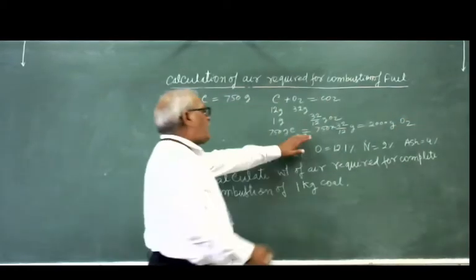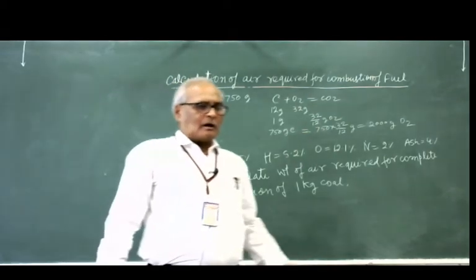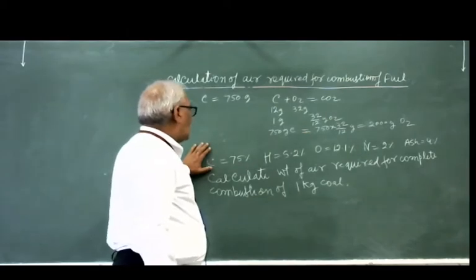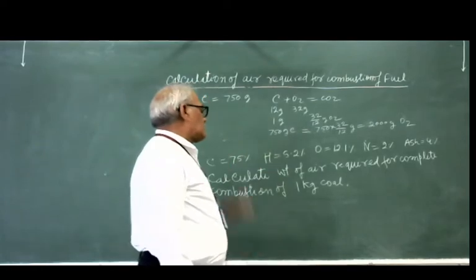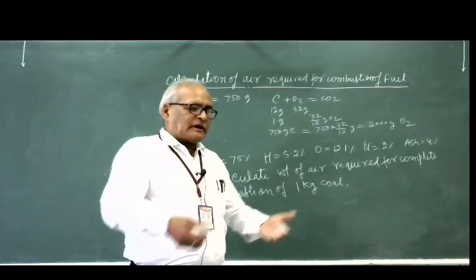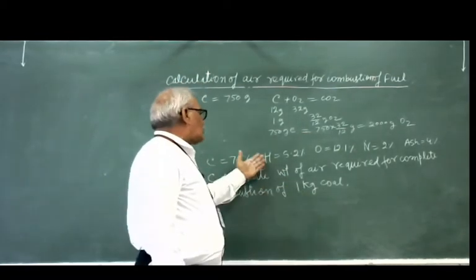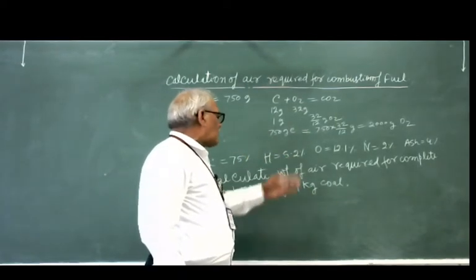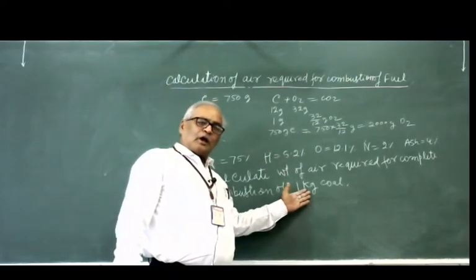So this is one way to calculate the oxygen required for individual elements like carbon and hydrogen. First of all, calculate oxygen required for carbon present in 1 kg and hydrogen present in 1 kg. Suppose there is hydrogen 5.2%, so 52 gram hydrogen is present in 1 kg.